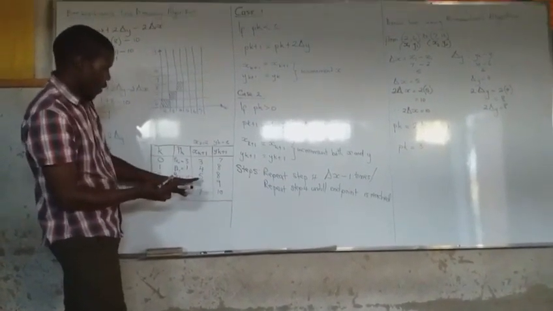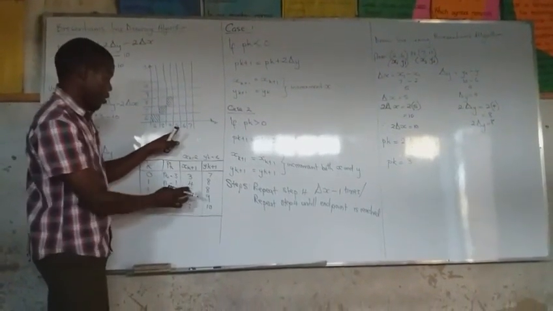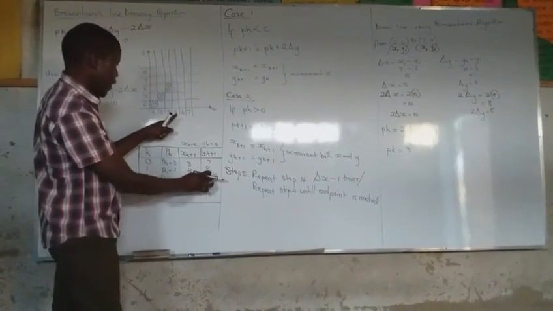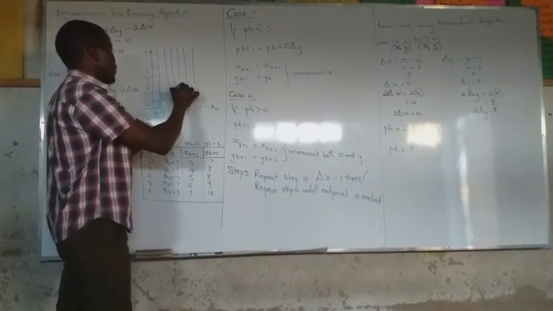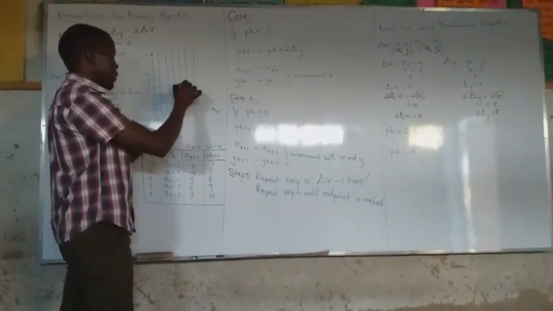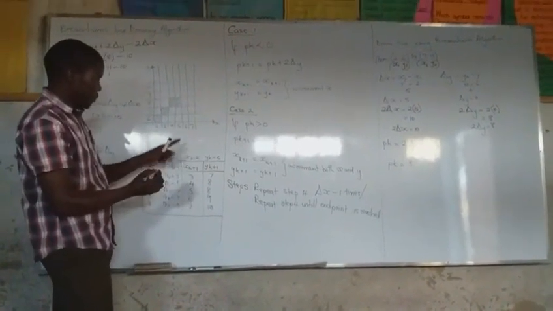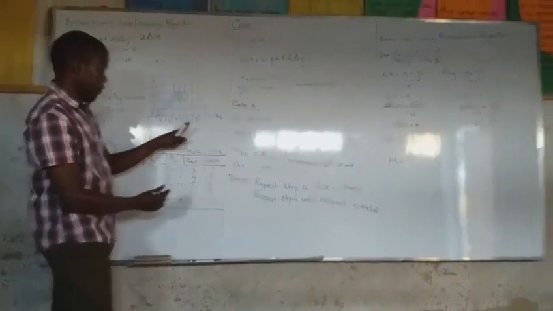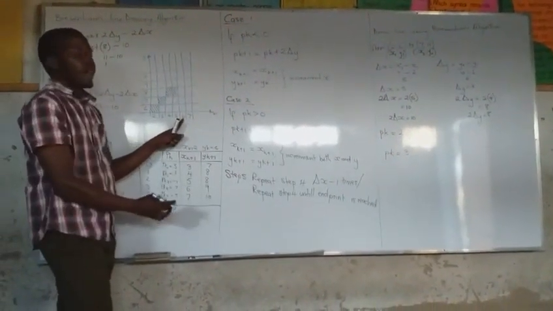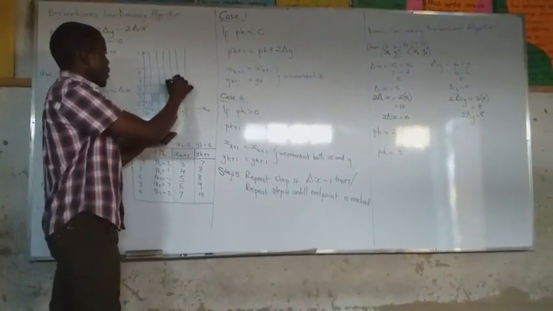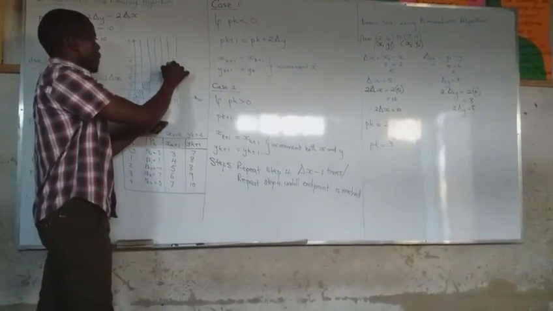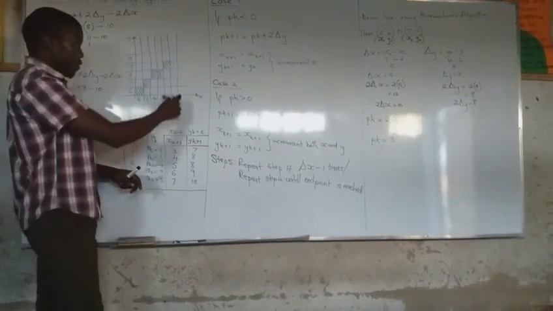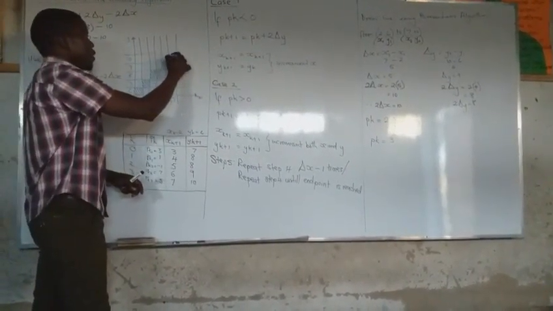Next coordinates, our x is 5, and our y is again 8. We are referring to this pixel. Next coordinates, our x is 6 and our y is 9. We are referring to this pixel. Then the last coordinates are 7 and 10 here.